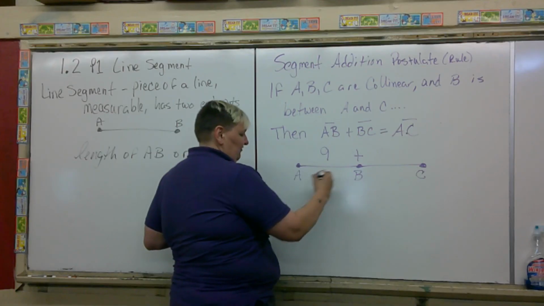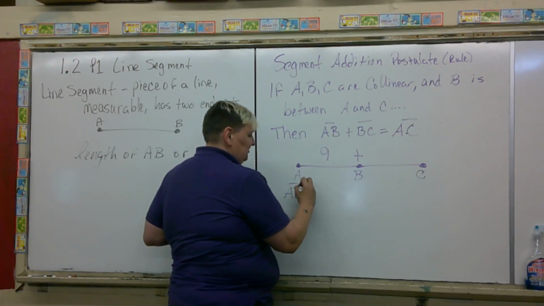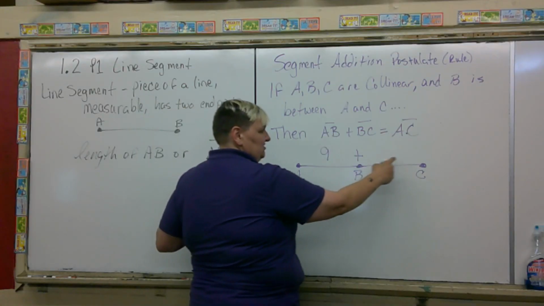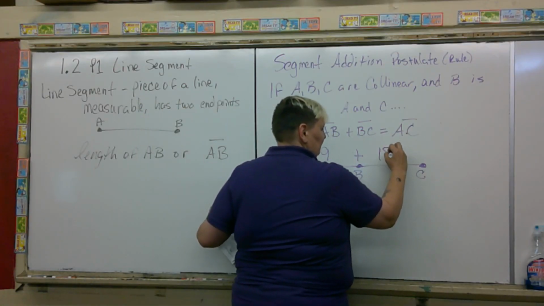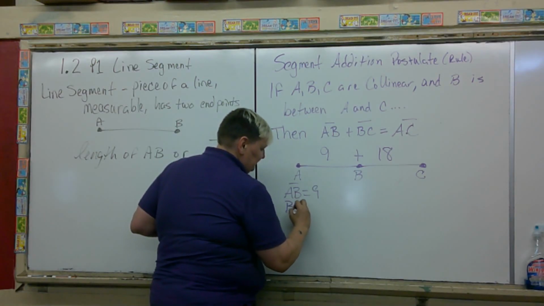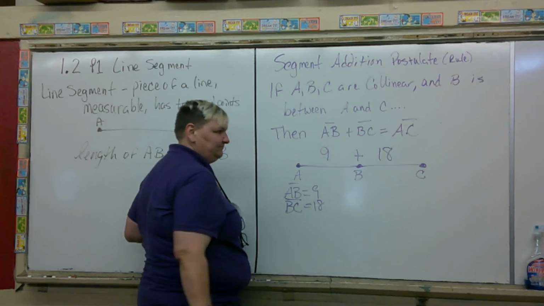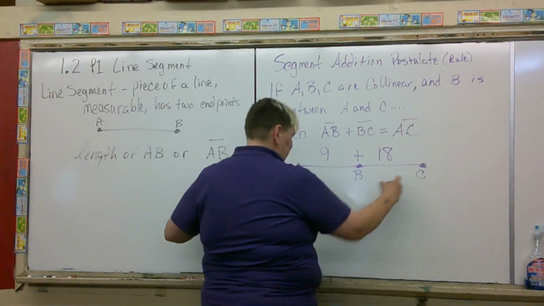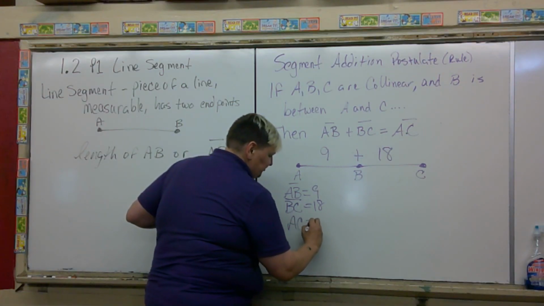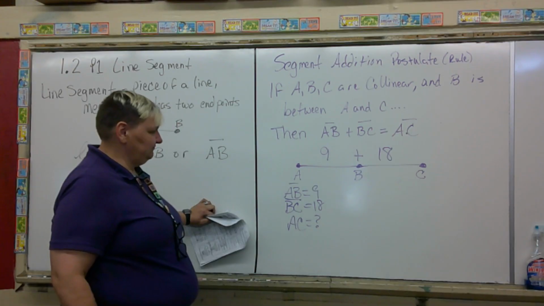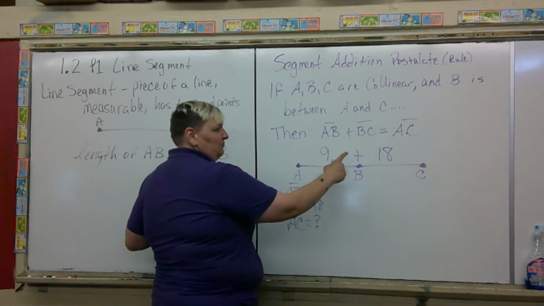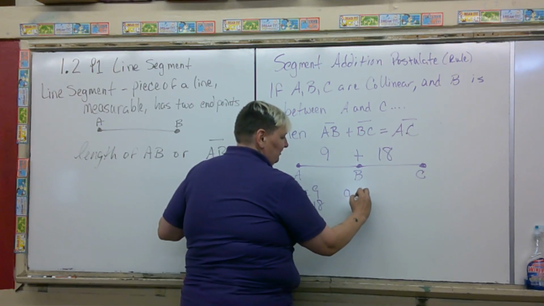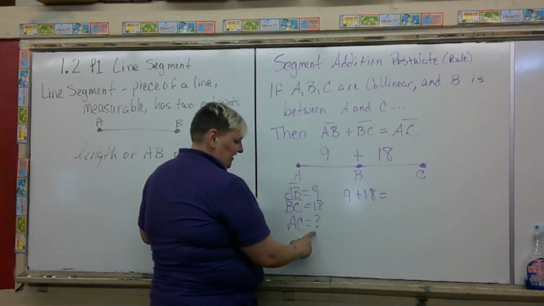If AB is equal to 9, the distance of this piece is 9, and this segment BC is 18, and they ask you what is the distance from A to C. A to C is your question mark. It's this piece plus this piece equals the total, right? So it's 9 plus 18 equals your AC, your total.